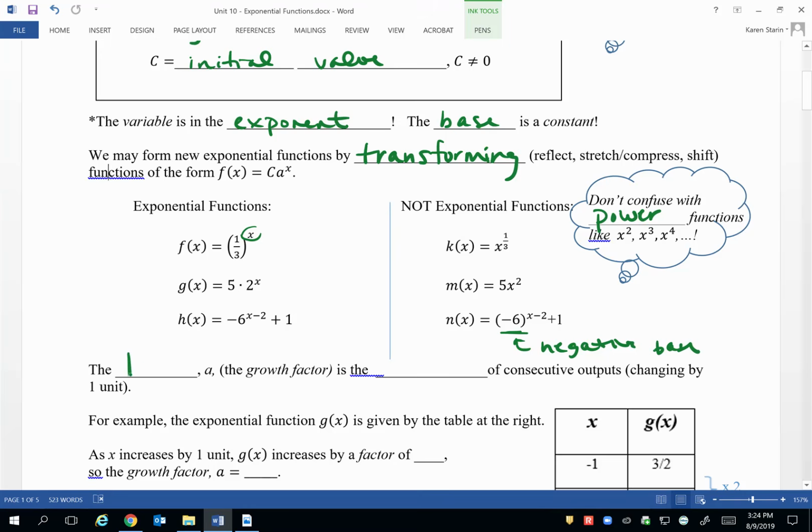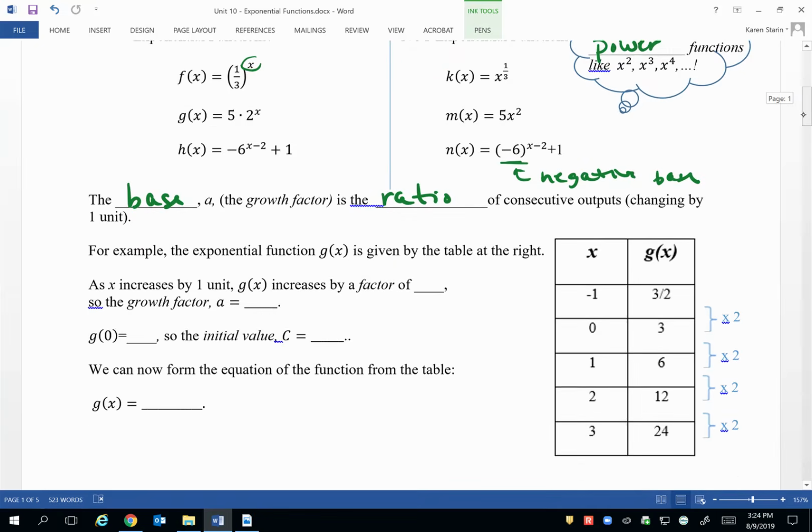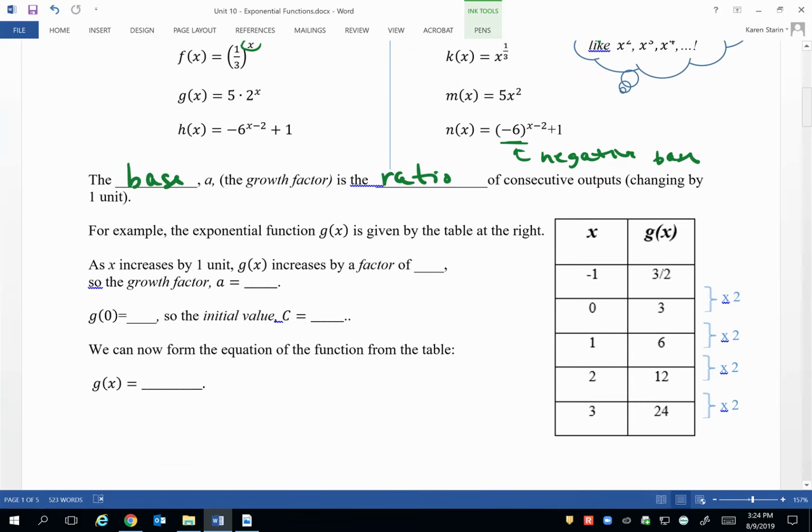Okay, so the base, which we called a, and also known as the growth factor, is the ratio of consecutive outputs, so changing by 1 unit. So for example, the exponential function g of x is given by the table to the right. So let's scroll down a little bit here and notice as x increases by exactly 1 unit, g of x increases by a factor of 2.